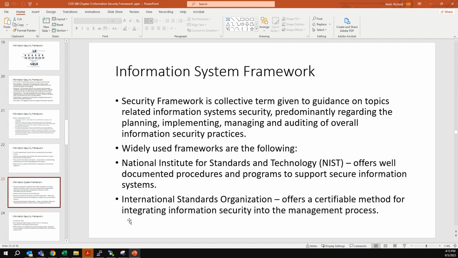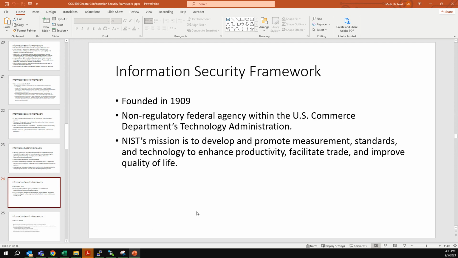A security framework is a collection of guidance on topics related to system security. So NIST, and we had talked about ISO, the International Organization for Standardization. Either way, I think ISO is most common and NIST is most commonly known.